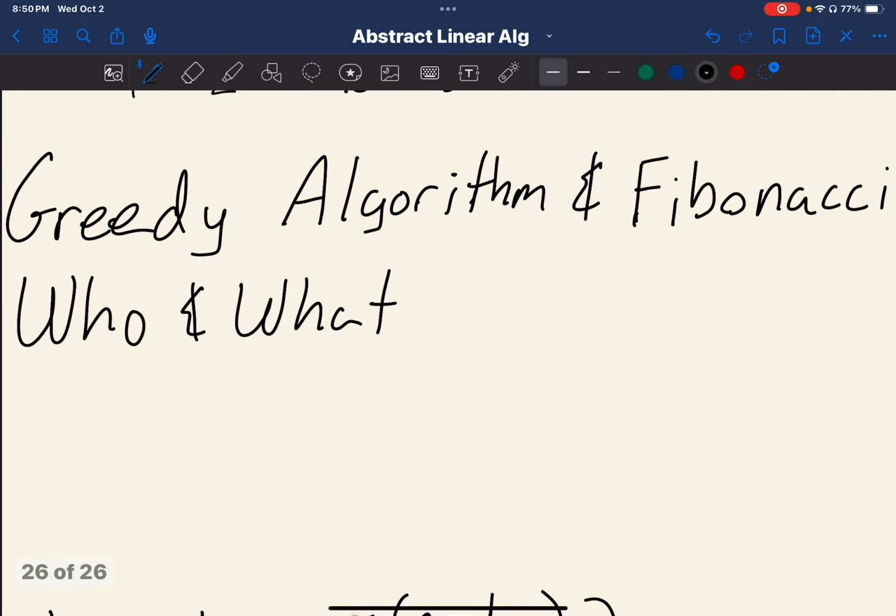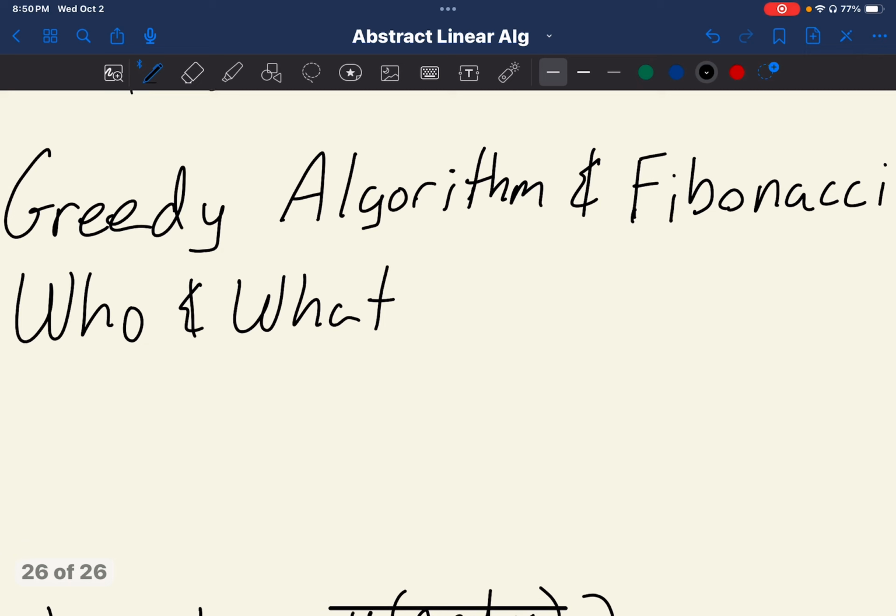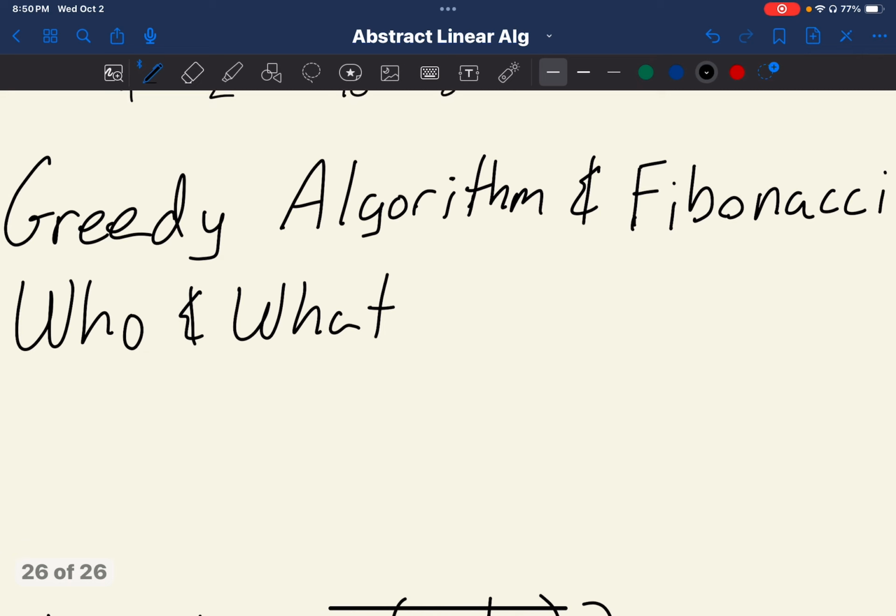Okay. We're now going to go into the greedy algorithm and Fibonacci. First of all, who is Fibonacci? Fibonacci is an Italian mathematician from around the 1200s. His name was Leonardo, I believe, and he's regarded by his nickname as Leonardo of Pisa.